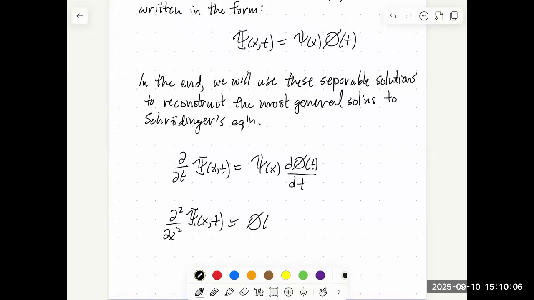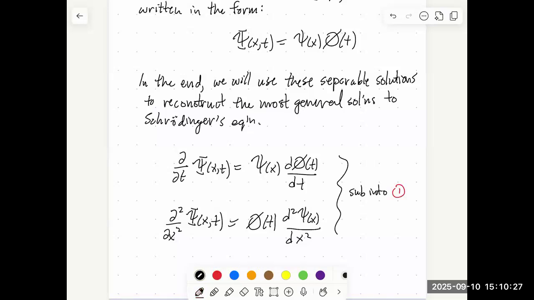So we'll have the time-dependent part and then two ordinary derivatives with respect to position. And what we're going to do is take these and sub into Schrodinger's equation.